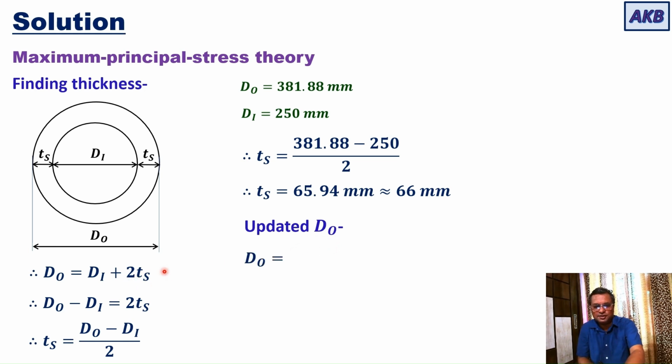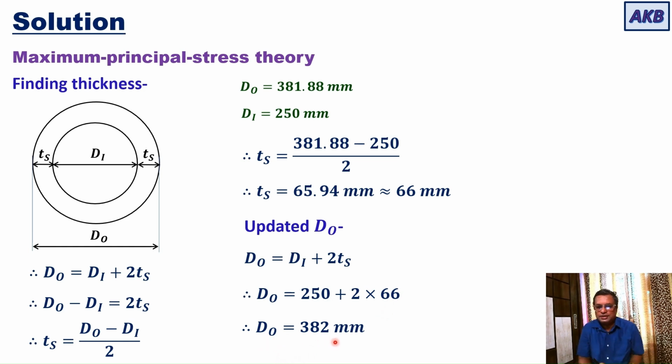Again, I will use the equation Do is equal to Di plus 2 ts, that is, Do is equal to 250 plus 2 into 66, and that gives us Do as 382 mm. So according to maximum principal stress theory, the outer diameter of the vessel is 382 mm and thickness is 66 mm. This is how you are supposed to use the equation for K that was obtained for the maximum principal stress theory.